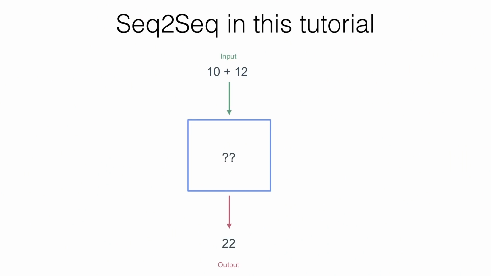So in this case, our task is to do arithmetic, but with neural networks. So our input data is going to be a really simple equation, and then our output data is going to be the number that equation solves to. So I'm talking really simple. It's going to be like 10 plus 12 as our input, and then our output is 22.